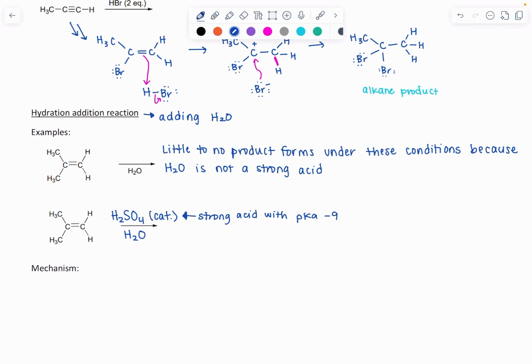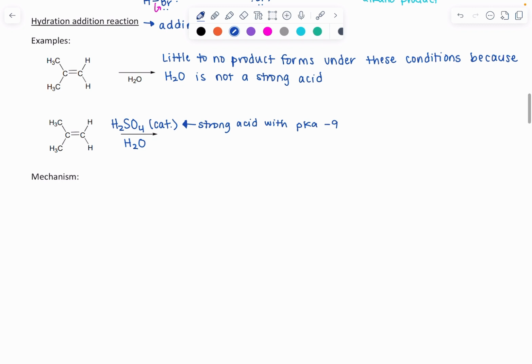When we're understanding what happens here, we have to first consider what the catalyst does. It will interact with water in this case. So you'd have a big beaker of water, and add a catalytic amount of H2SO4. It's not a whole lot, but it's enough to carry this reaction forward.